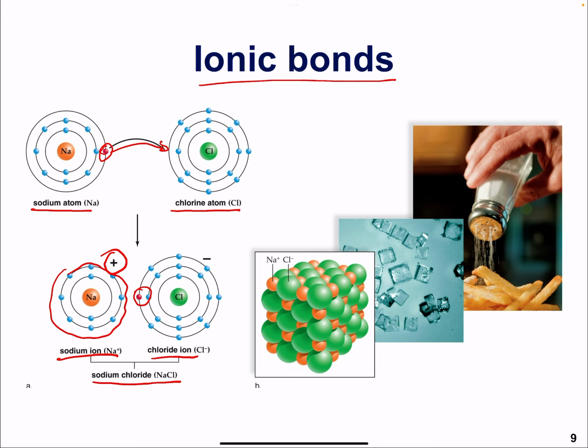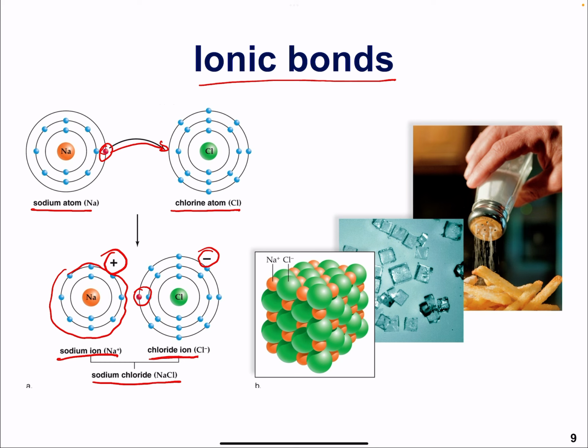Atoms are not electrically charged. The chlorine atom, on the other hand, that has gained an electron, has gained a negative charge. That's why it is charged here. So now we don't have an atom of chlorine anymore. We do have a chloride ion.